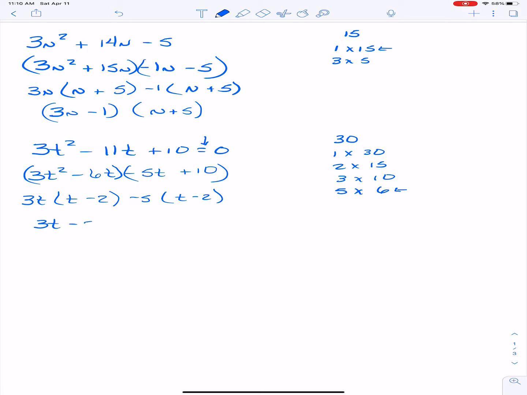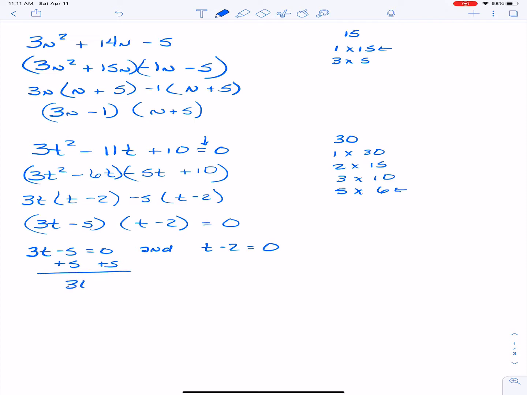3t minus 5 times t minus 2, and that is equal to 0. And so now we need to set up our two equations because we are solving this one. So now we have 3t minus 5 equals 0 and t minus 2 equals 0. We go ahead and we solve these equations. We're going to add 5 to both sides.